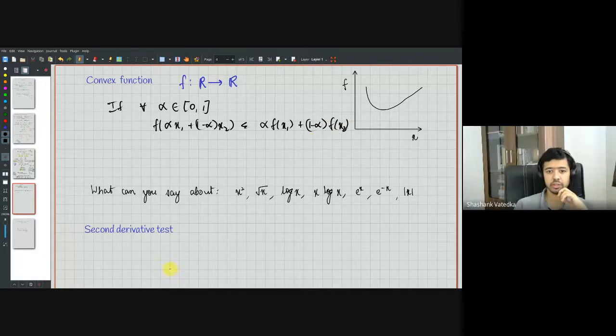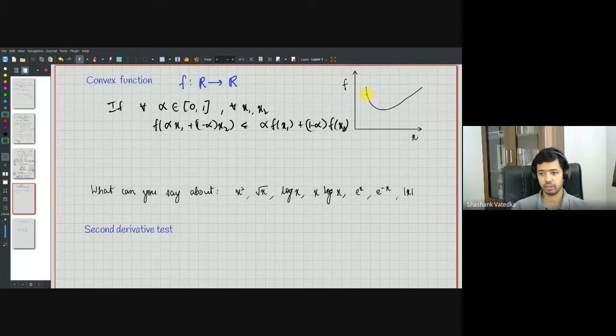All right, that's good. So if for all alpha between 0 and 1, and for all x1, x2, the following holds, that f of alpha x1 plus 1 minus alpha x2 is less than or equal to alpha f of x1 plus 1 minus alpha f of x2.